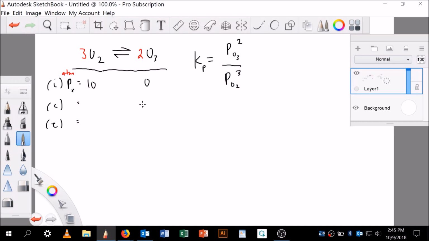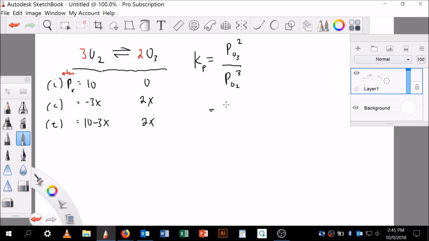All right, so we can see that 2x is going to show up here, and 3x is going to disappear, right? So the equilibrium amount of this is going to be 10 minus 3x, and this is going to be 0 plus 2x. All right, so now we go, all right, this is no big deal.